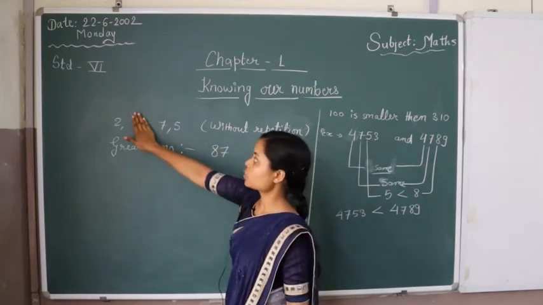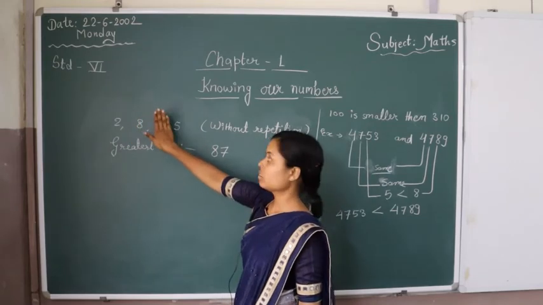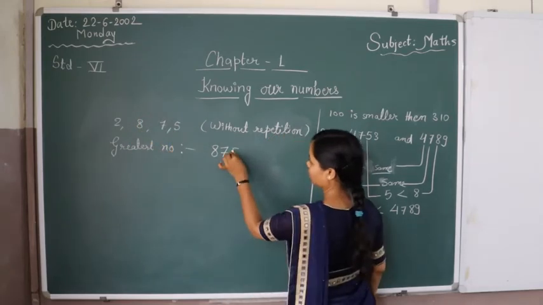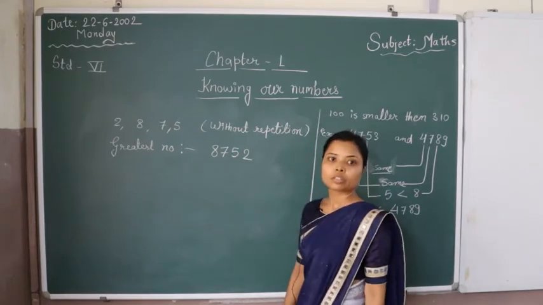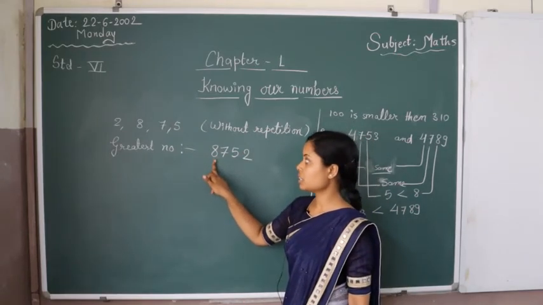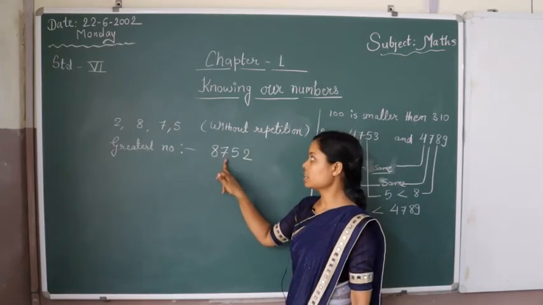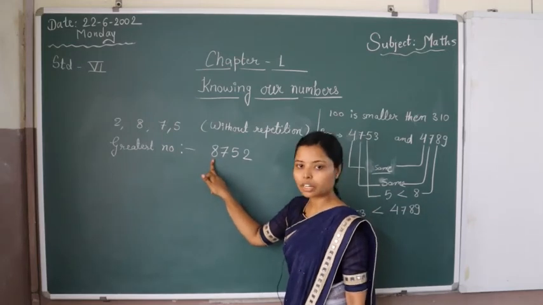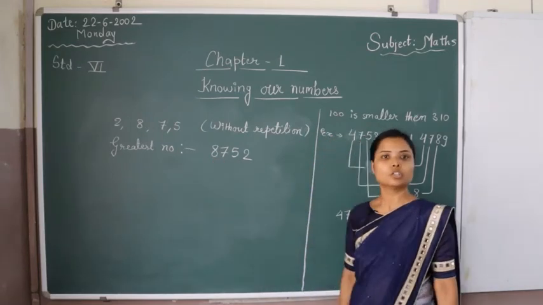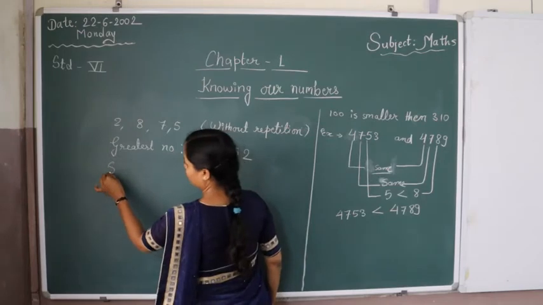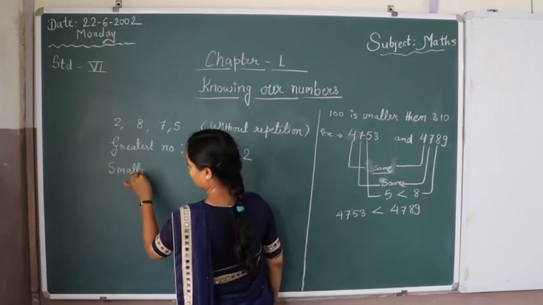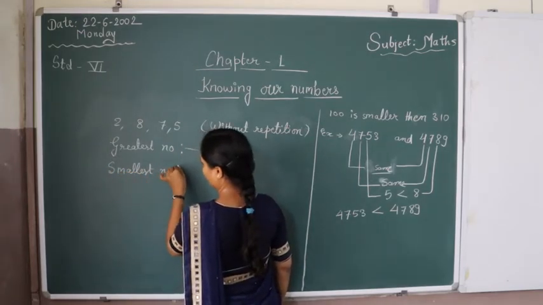Then excluding 8 and 7, which is bigger, 5. At last 2. So the number is 8752. Next, the smallest number.